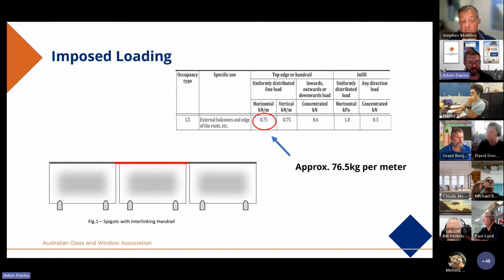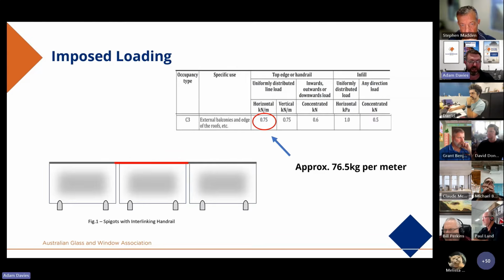The only thing this doesn't cover is C5, and that's the very extreme case in areas subject to overcrowding. So in the case of the uniformly distributed line load, the horizontal component is equivalent to about 76.5 kilograms per metre that is applied to the top edge or the handrail of the barrier. In this case, that's horizontal, so it's into the screen. And that is mimicking people leaning up against or over a barrier. That's what that's trying to represent.